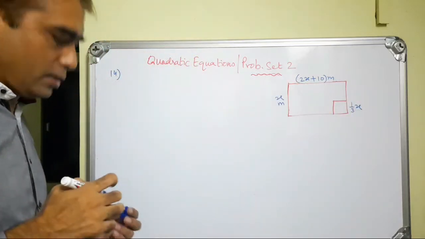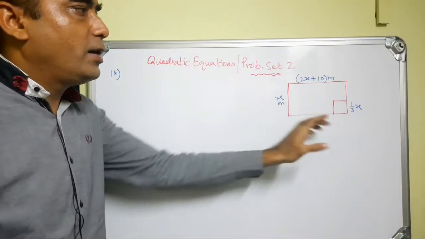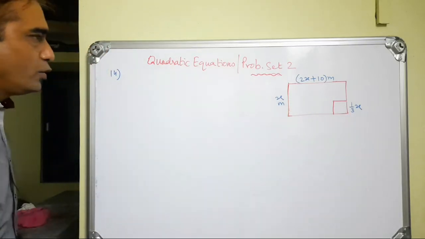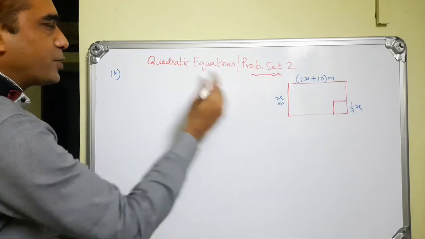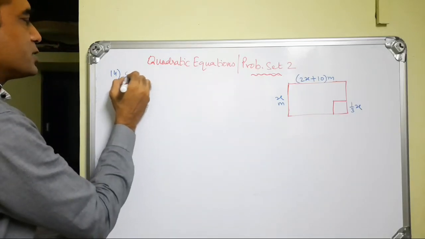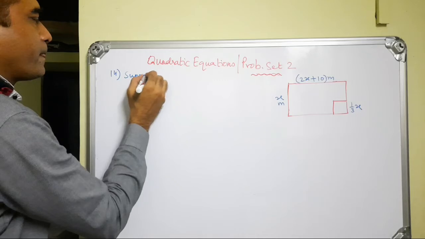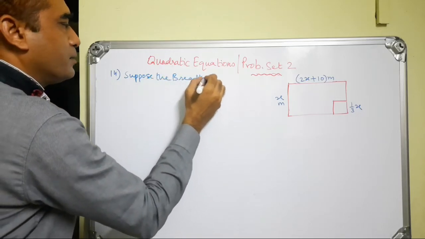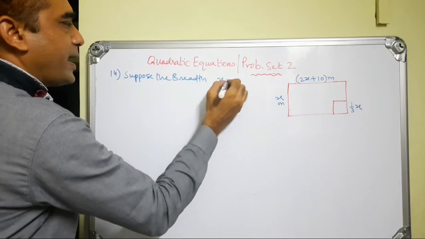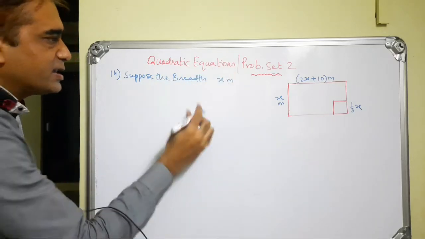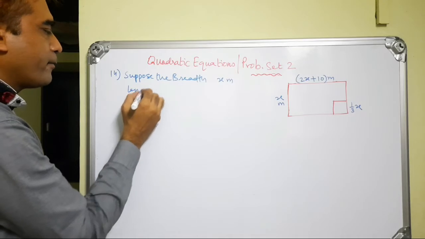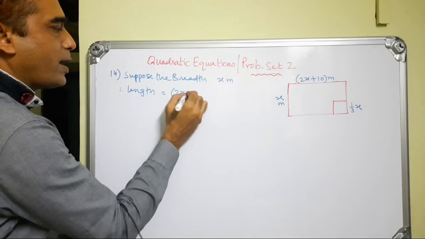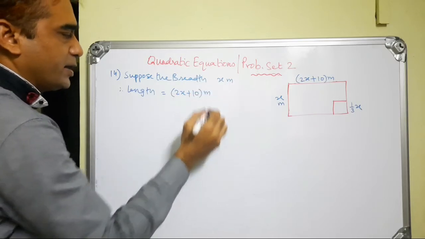Now we have to find the length, breadth of the farm and the side of the pond. So suppose the breadth of the farm is x meter, then the length of the farm will be 2x plus 10 meter.